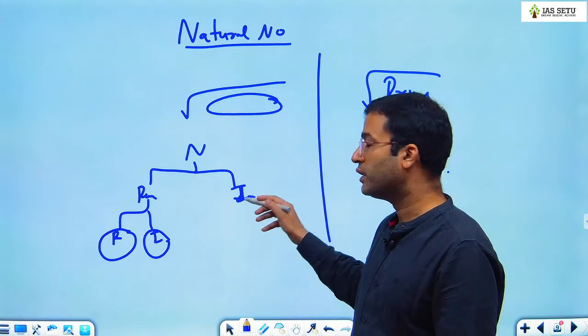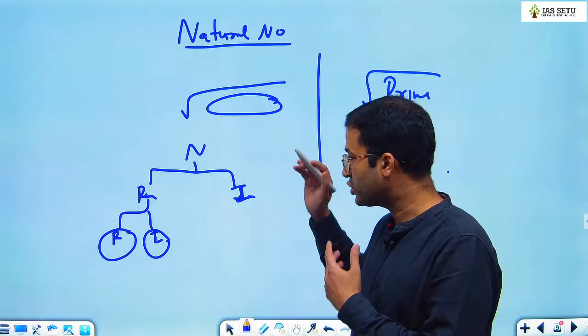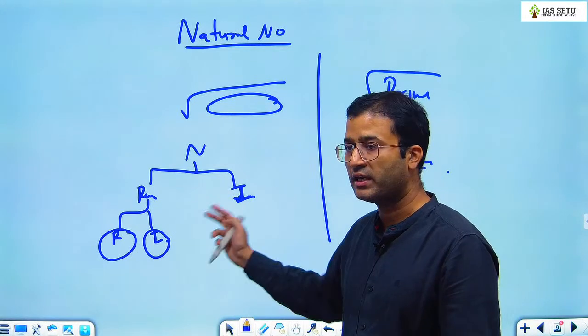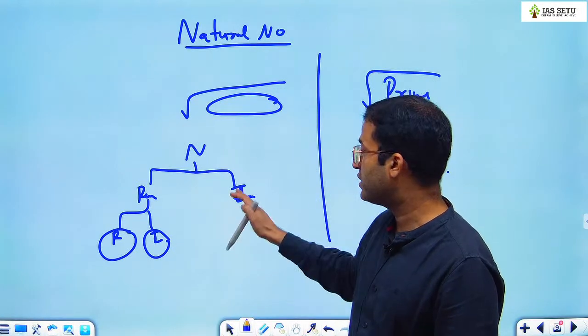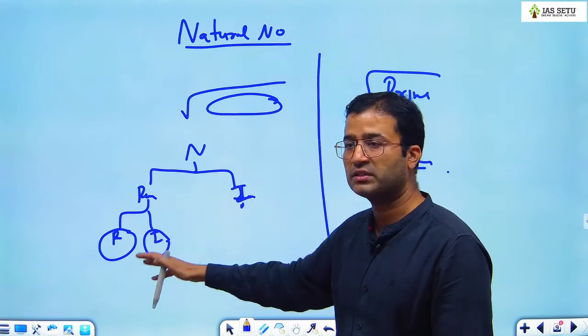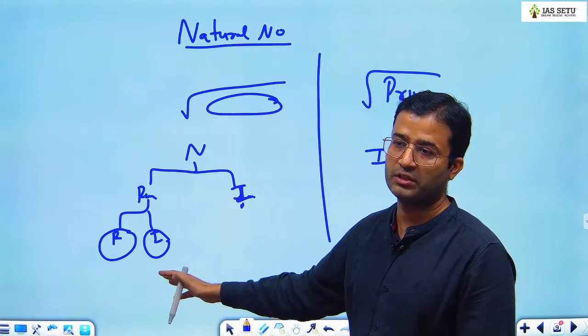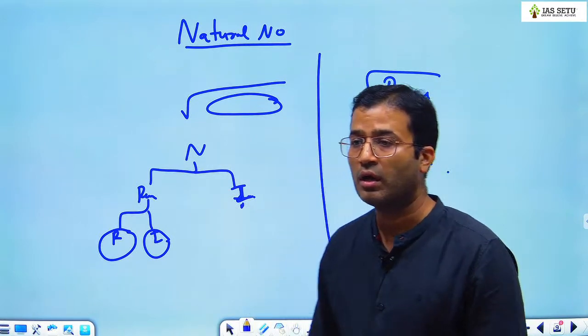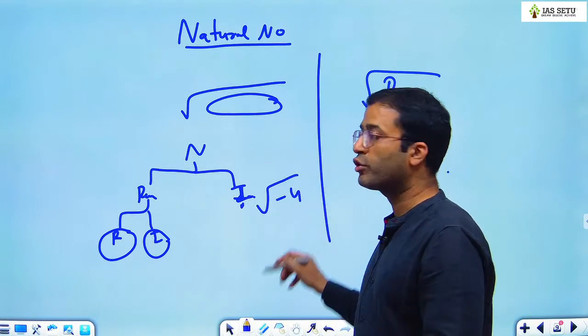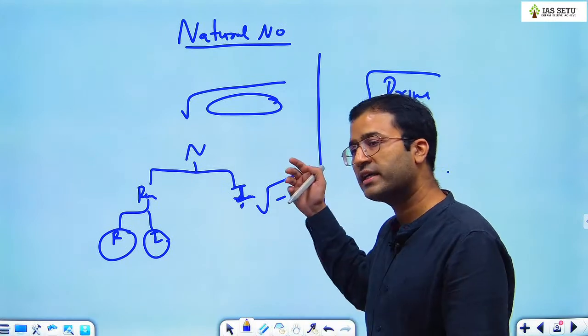So if it is imaginary, there is no doubt whether it will be an animal or a human being. These are totally different. An imaginary number can never be rational, can never be irrational. These are aliens. Under root of any negative number is imaginary.